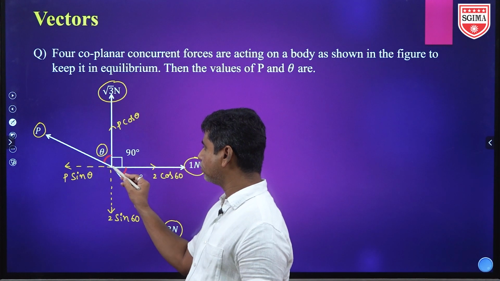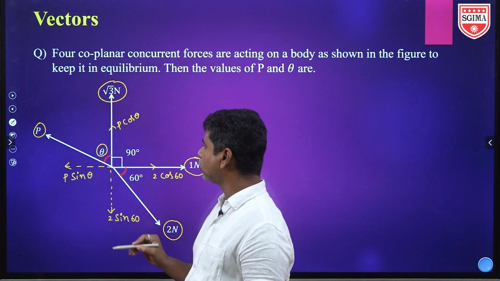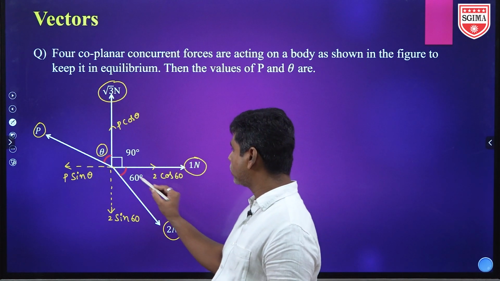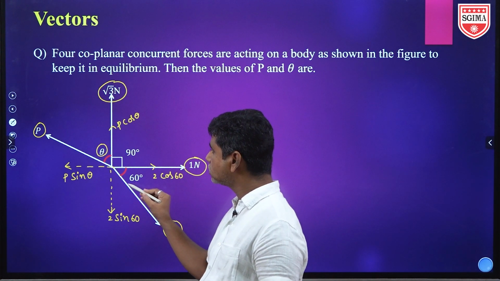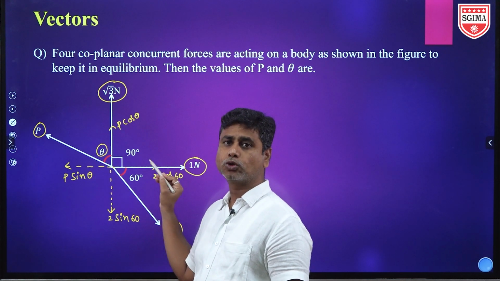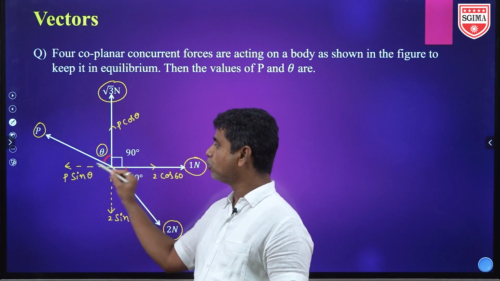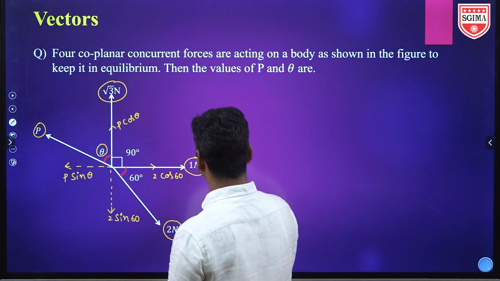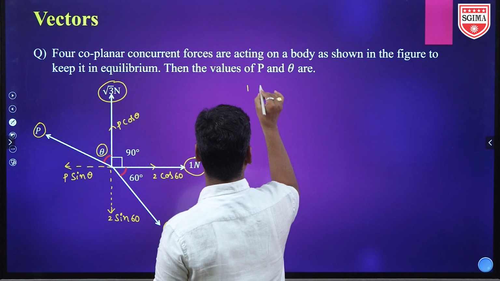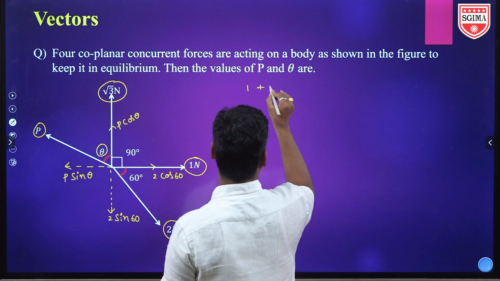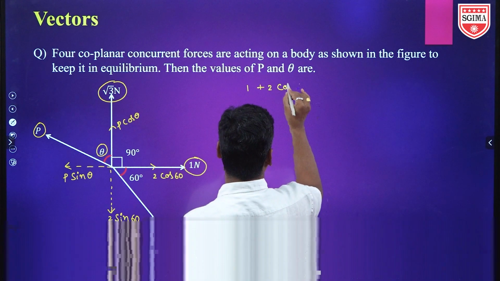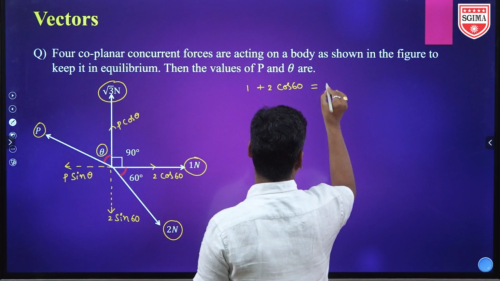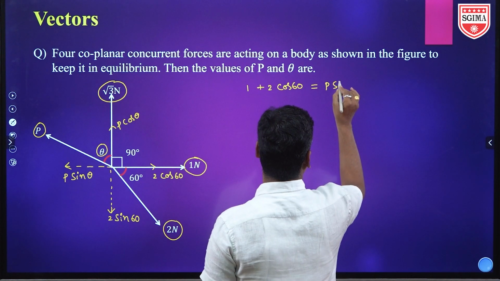Now this particle is at equilibrium, so the net force acting on the particle equals 0. So the force along the positive x direction and the force along the negative x direction are both equal, then only no net force acts along the x axis. Here in the positive x direction, see, 1 Newton plus the second one is 2 cos 60, that is equal to the left side force P sin theta.